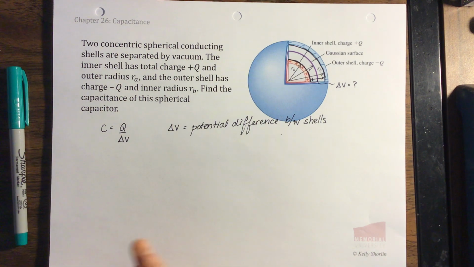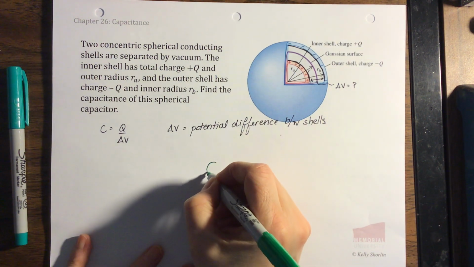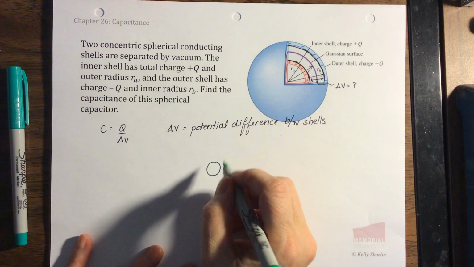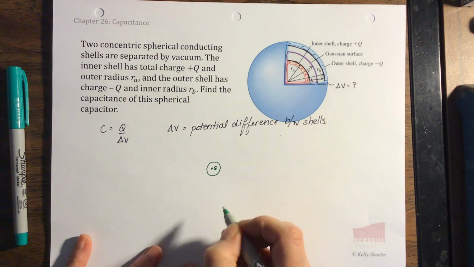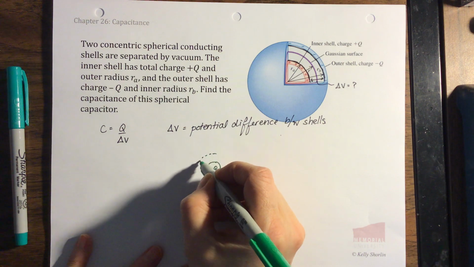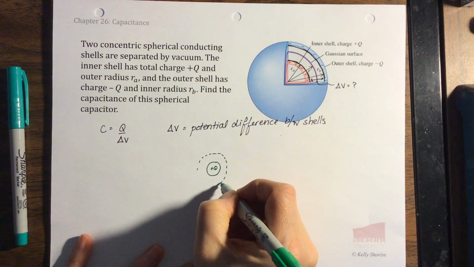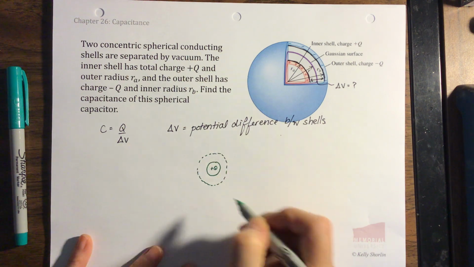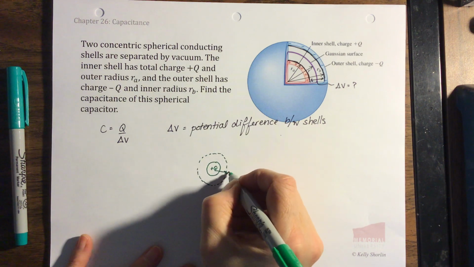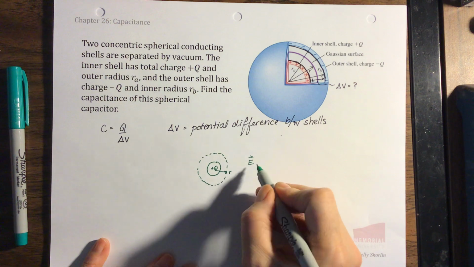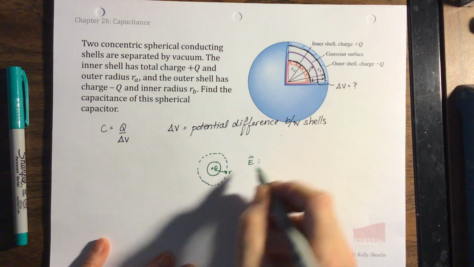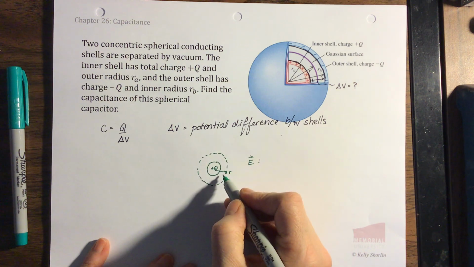Let's remember that if we have a charged object, any charged object, let's say it has a total charge of plus Q, and we wanted to find the electric field somewhere outside at a distance r. Well, what we know is that the electric field only depends on the charge inside.